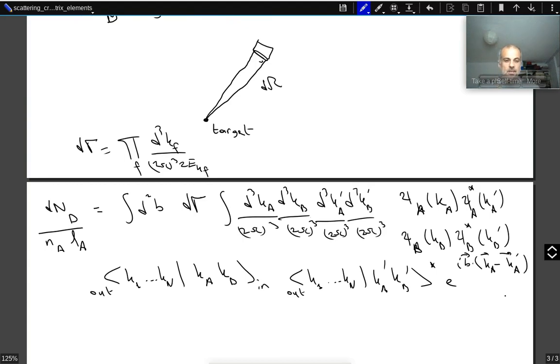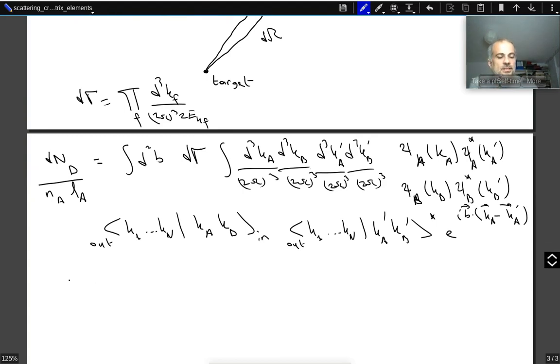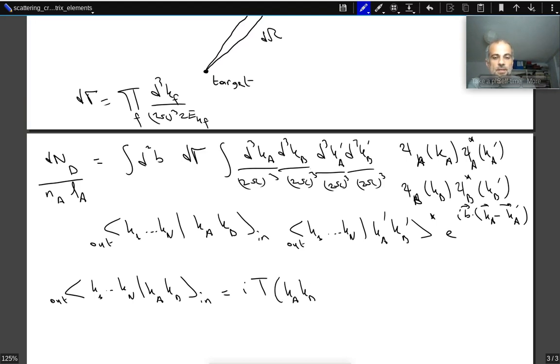Now, again, let's continue. We said that this out K1, Kn, Ka, Kb in will be given by the matrix element of this T, since we are not interested in the non-scattering process. T of Ka, Kb scattering into Kf. And note that overall we will have an energy momentum conservation.